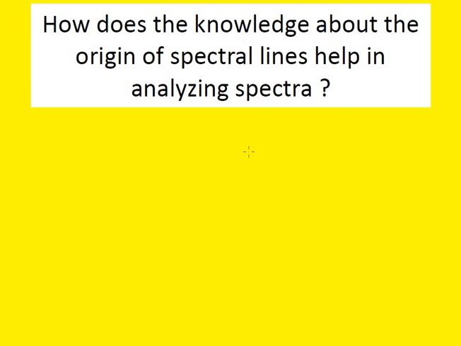This is the question I would like to ask: how does the information that we have discussed till now about the origin of the spectral lines help us in analyzing spectra? Okay, let's see. Firstly, how does the information obtained help us? Let me talk about the first very basic information.